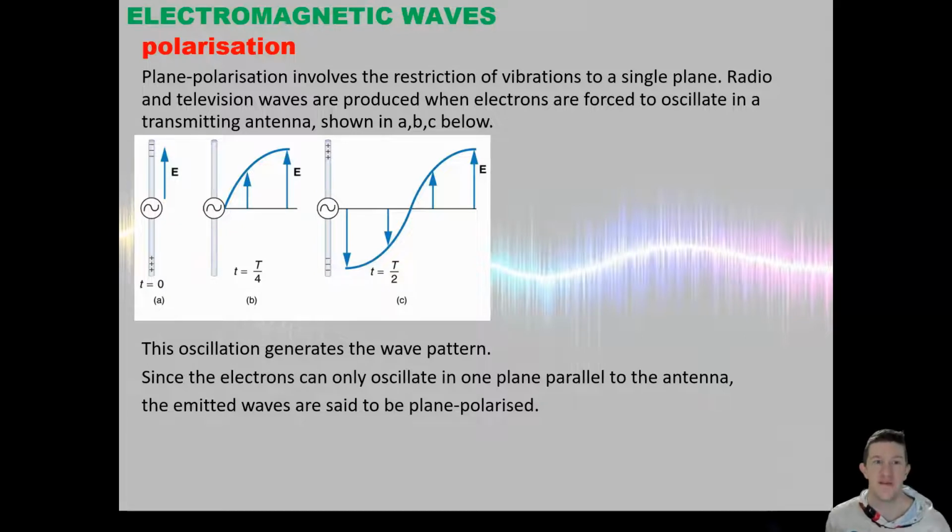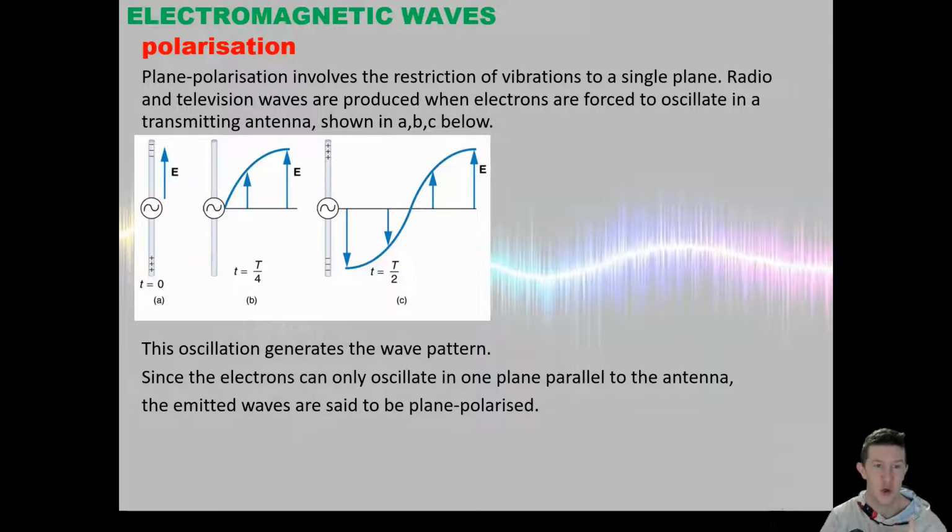Plane polarization involves the restriction of vibrations to a single plane. We saw in last lesson that the plane is defined by the electric field, but we also have a magnetic field component. So depending on which way we're allowing that electric field to travel is what we define as polarizing the light. So if we're going to create a signal, whether that's polarized or not, we produce it by getting electrons that are forced to oscillate within an antenna.